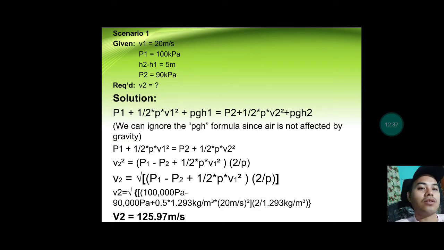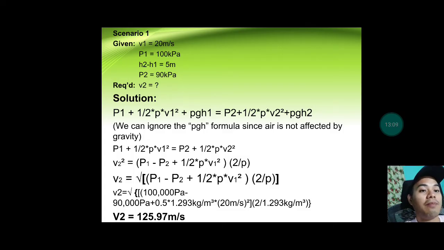So let's try to solve. As you can see in the solution, we can use the formula for Bernoulli's principle, which is P1 plus 1/2 times density times V1 squared plus density times gravity times height 1 is equal to pressure 2 plus 1/2 times density times velocity 2 squared plus density times gravity times height 2.